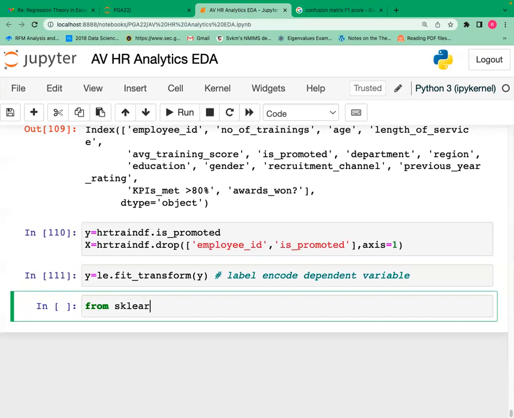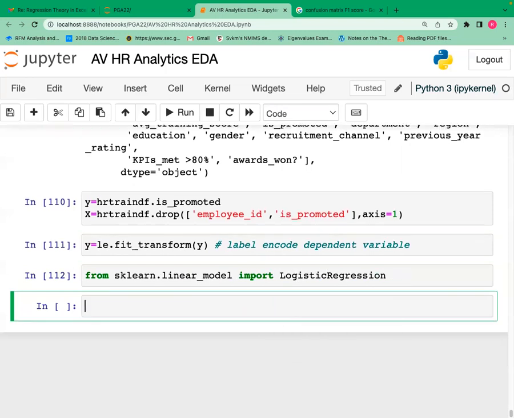From sklearn dot linear_model import LogisticRegression.